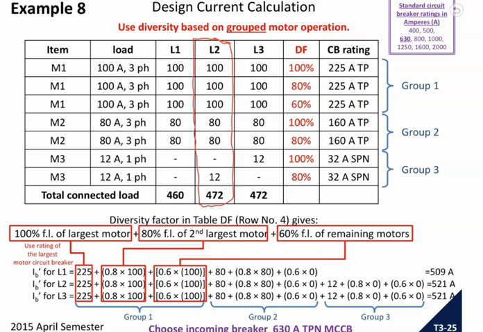As a designer, you have the choice to use L1, L2, or L3 for your single phase. The only key thing is to make sure that all three phases are more or less balanced. So we are not encouraged to put two of the single phase loads in one phase only. The idea is that we need to spread out our single phase loads. Whether we spread across L1, L2, or L3, it doesn't matter.